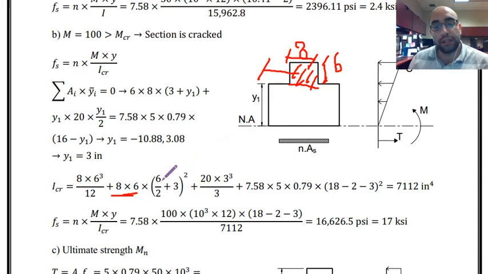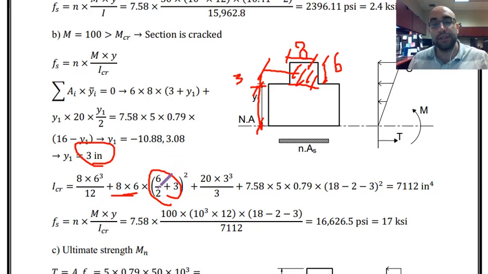So that is this distance. As you can see, this top portion of the distance is 3, that is just 6 divided by 2, and over here we have the y1 value, which is 3 inches, and that's why we have this distance in the parentheses.